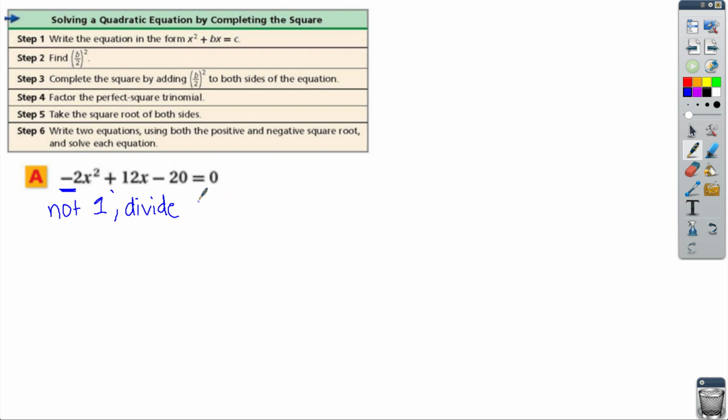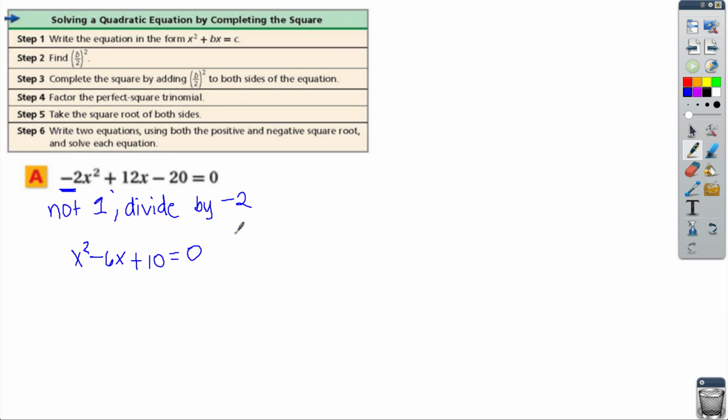So in this case, we will divide the entire equation by -2. Let's do that right now. So the first term will be positive x squared. The second term will be -6x. The third term will be positive 10, like so.